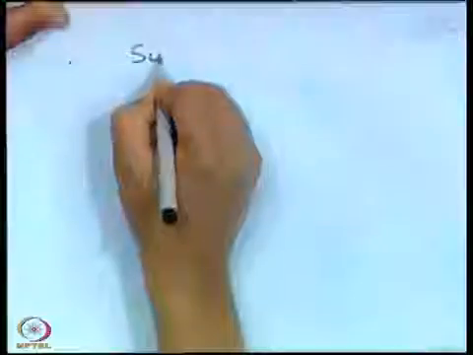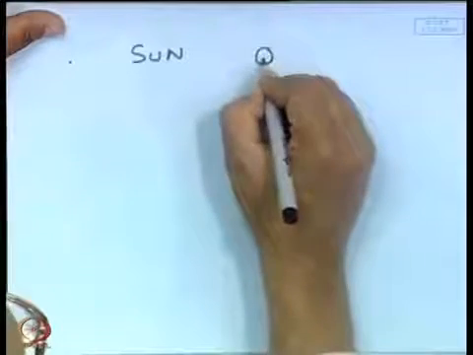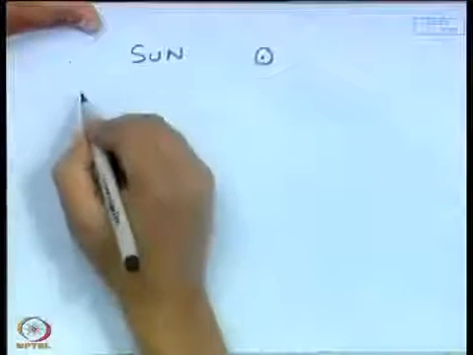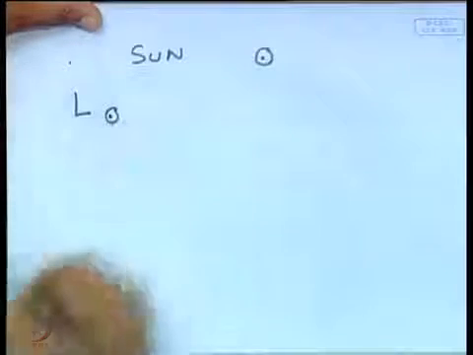Okay. It is like a bulb, a 100-watt bulb emits 100 joules per second. Okay. So, the sun has luminosity which is denoted by L. So, anything with reference to the sun is denoted by this, a circle with a dot in the center. Okay. And the luminosity of the sun, the solar luminosity, is denoted by this.